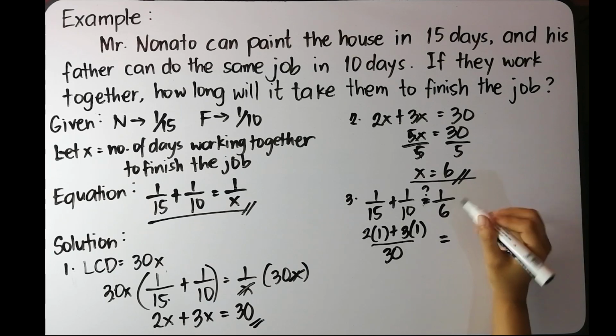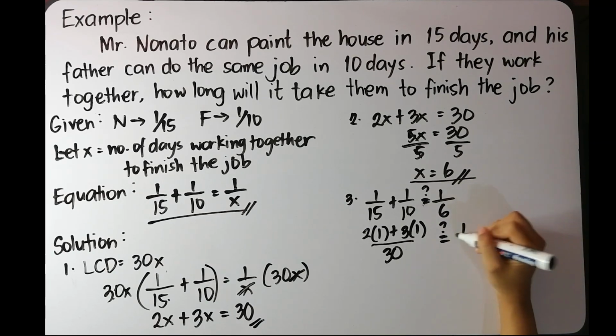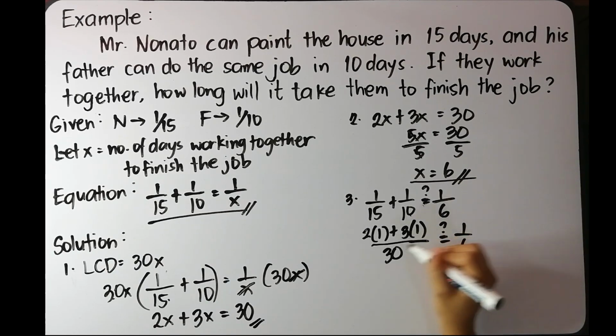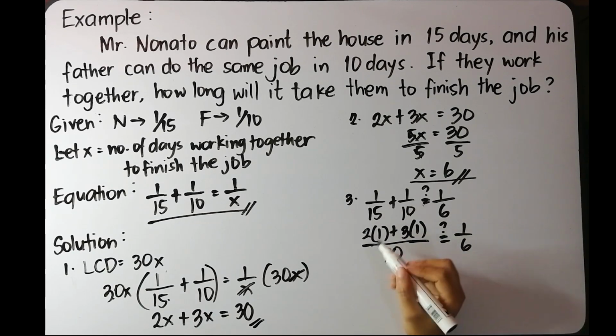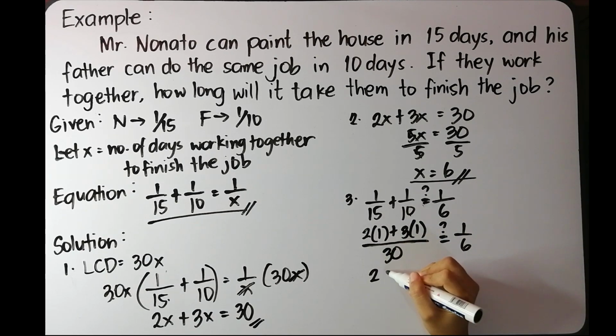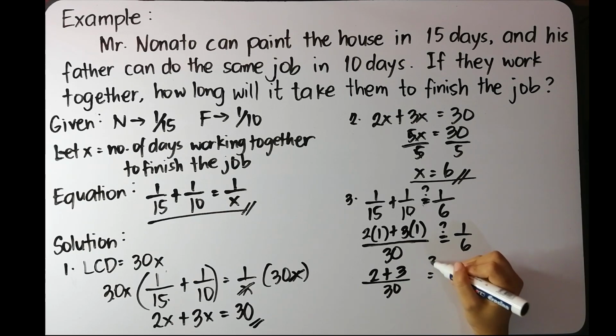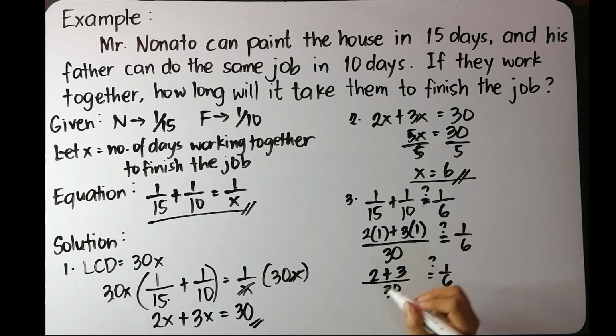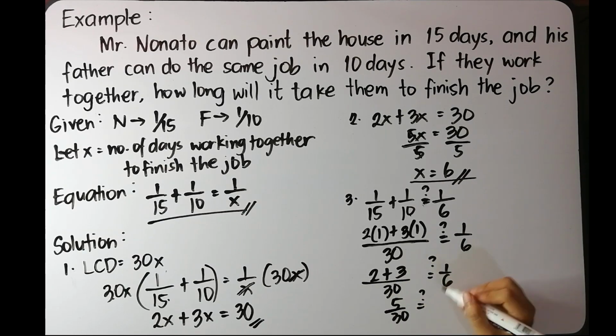So let's write again: equals 1 over 6, because we are trying to prove that part of the equation. So we have 2 times 1, that is 2, plus 3 times 1, that is 3, over 30, equals 1 over 6. 2 plus 3 is 5, over 30, equals 1 over 6. So 5 over 30, getting its lowest terms.